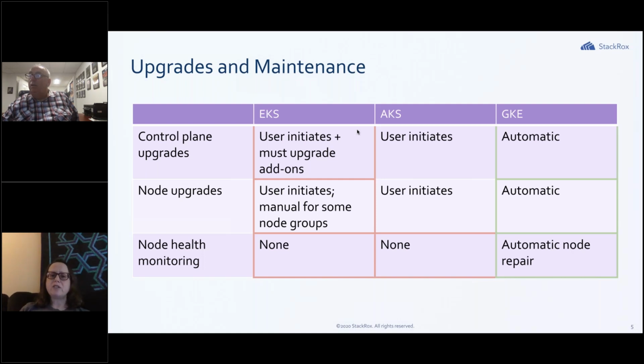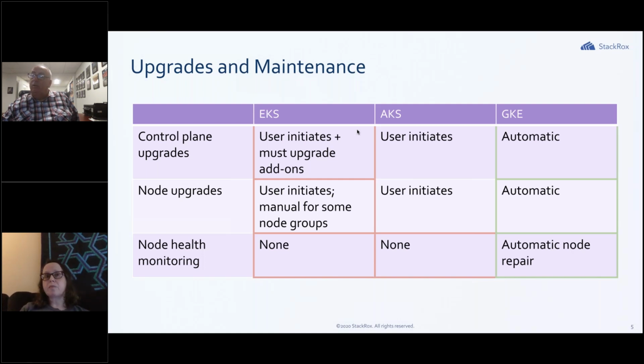With AKS, the user has to initiate the control plane upgrades, but they will upgrade these services for you. And GKE is actually much nicer here, because you have a scheduled window for maintenance. They will upgrade these automatically for you. You can opt in, you can opt out, you can say I don't want you to upgrade, but if you opt in, they will just magically do this for you.